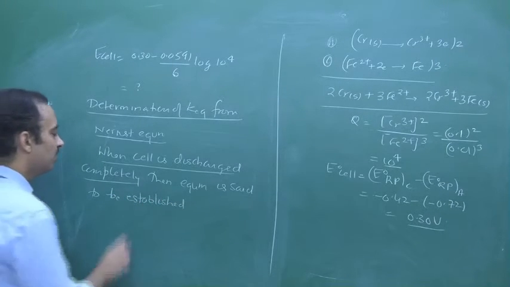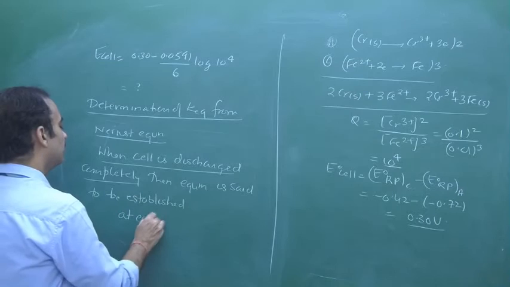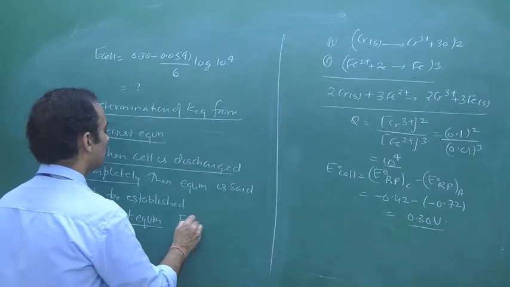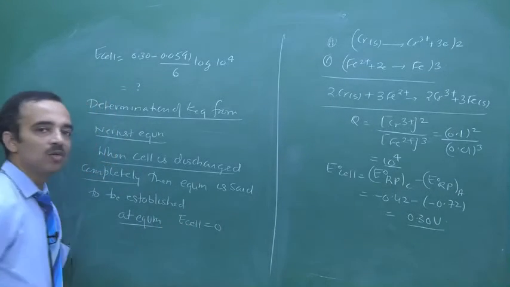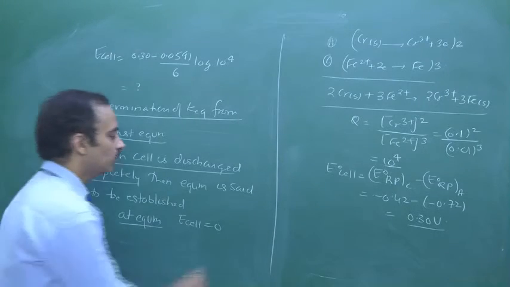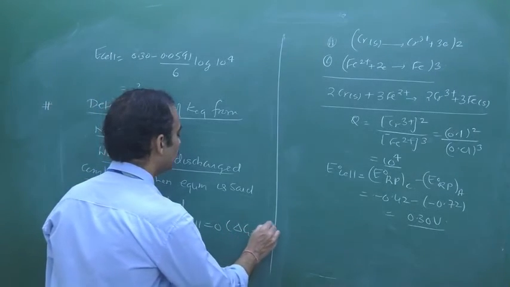At equilibrium, beta, E cell is 0. Or you may say delta G is 0.